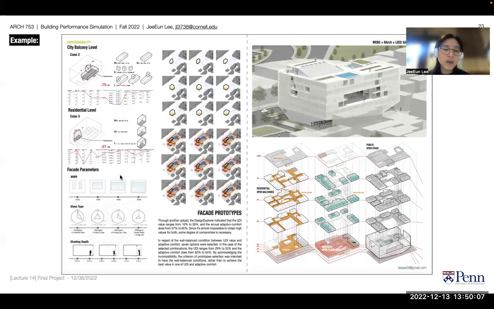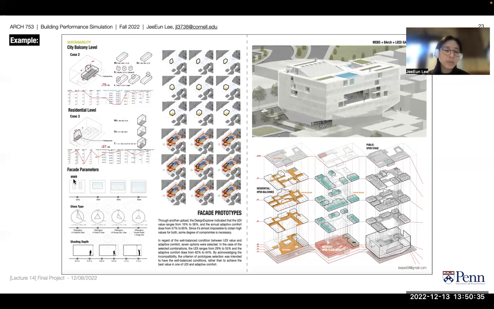For the facade parameters, because we manipulated the individual residential units' facades, they are all slightly different for every unit. But we wanted to make some combinations, some prototypes, so that we can have variations for each unit but still have very good performance for each unit.